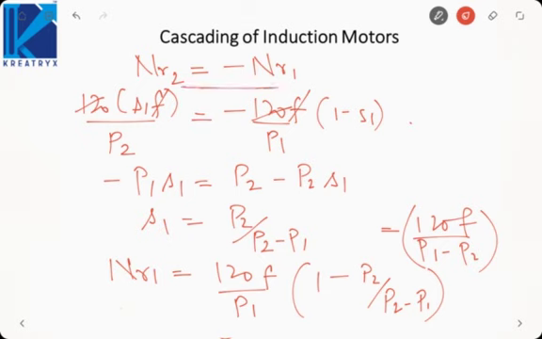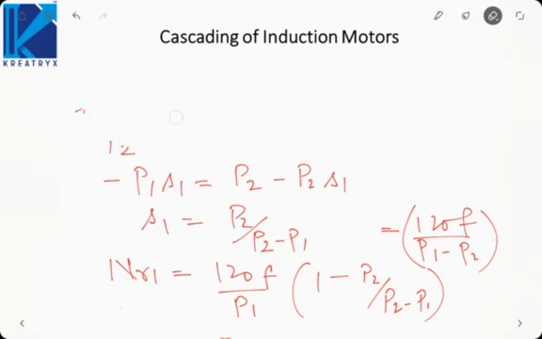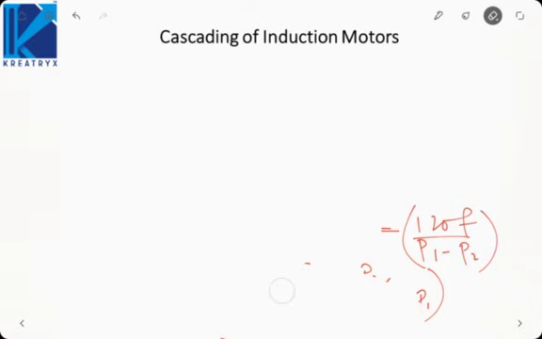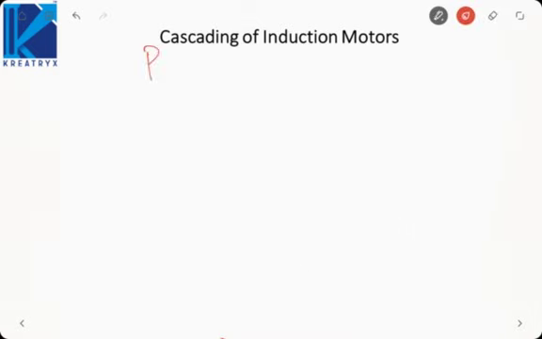Now what happens? Since we are supplying the second induction motor from the slip rings of the first induction motor, the input of the second induction motor is actually S PG, that is the slip power of the first induction motor. So it is also called a slip power recovery scheme.